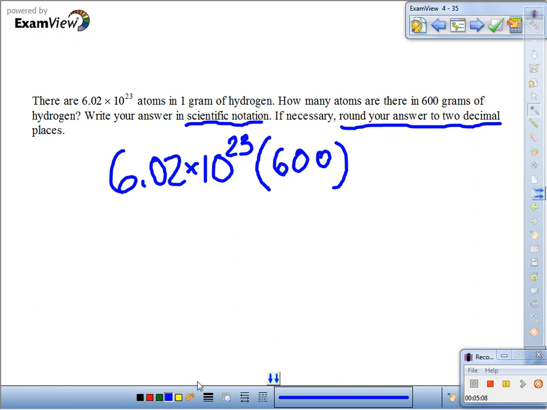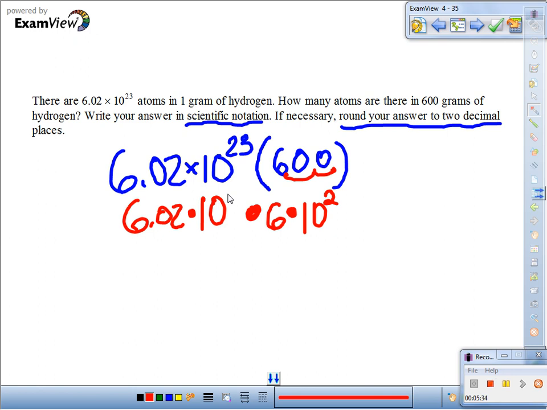Let's change this to scientific notation. The invisible decimal is to the far right. I move it twice to the left, and that becomes 6 times 10 to the second. We multiply that times this. 6.02 times 10 to the 23rd. Once again, numbers times numbers, bases of the same kind times the base of the same kind.